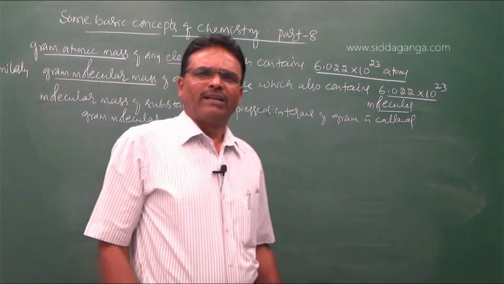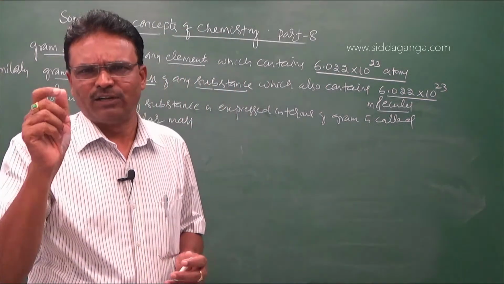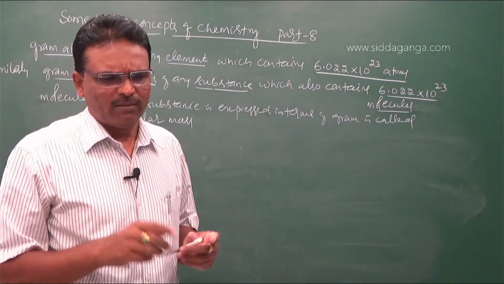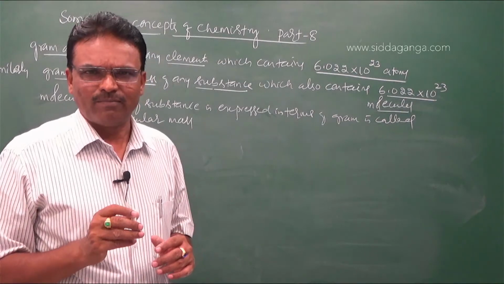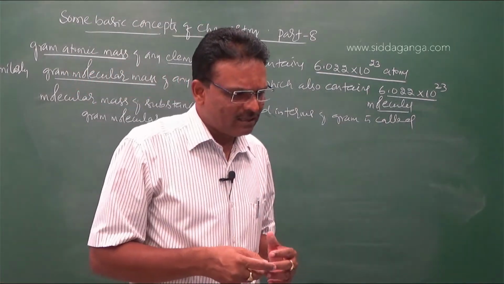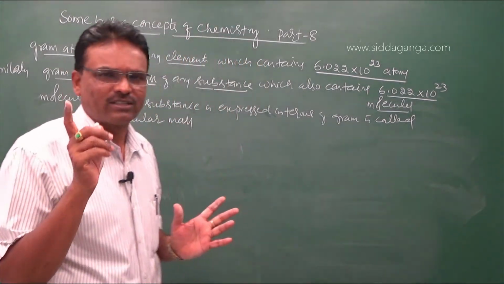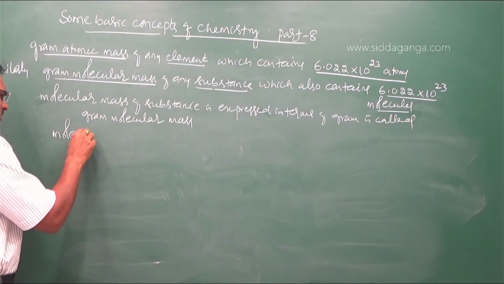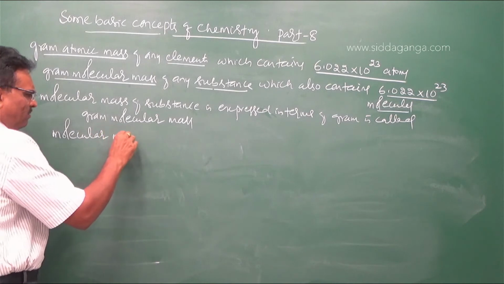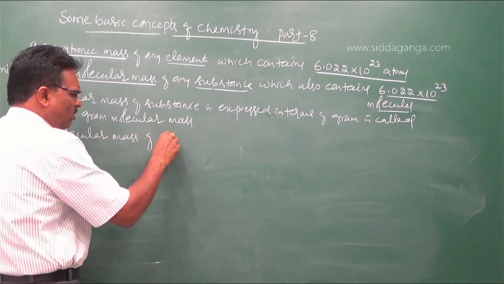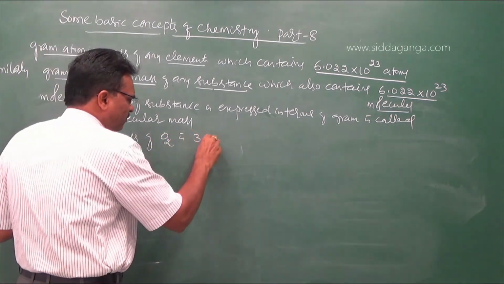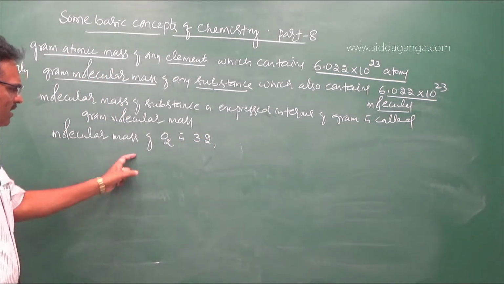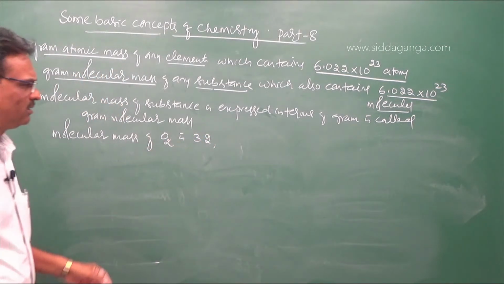What is the molecular mass of oxygen? When we say 32, we call it molecular mass. When we say 32 gram, that is gram molecular mass. Clear? So the molecular mass of O2 is 32. Molecular mass of oxygen is 32.